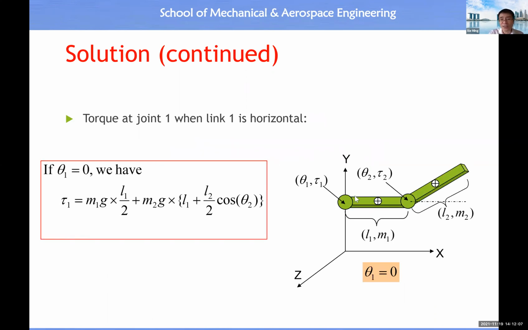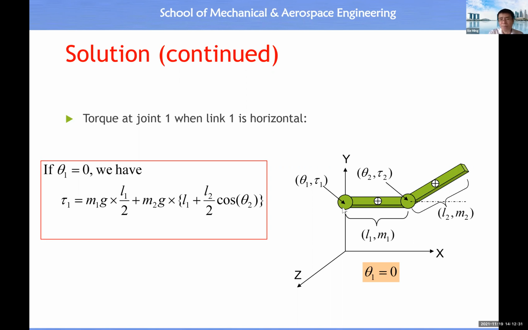Then for the torque at joint 1, you will see M1G will produce external torque at joint 1. M2G will also produce external torque at joint 1. Then the motor at joint 1, tau 1, must produce the torque which is equal to the sum of these two external torques.